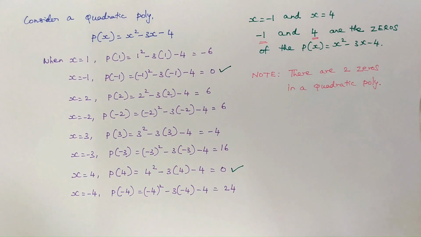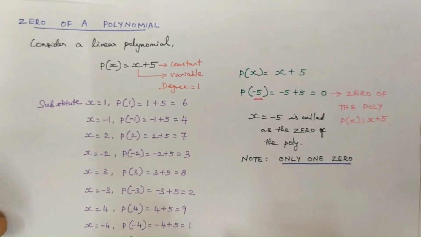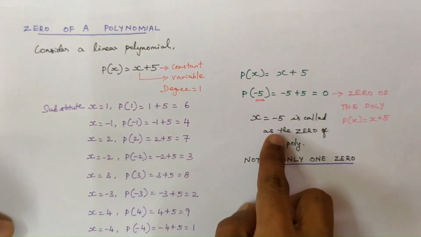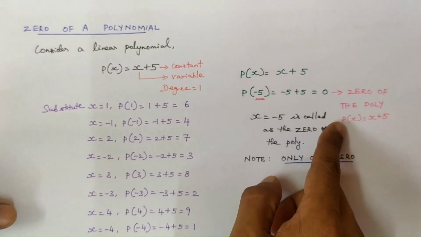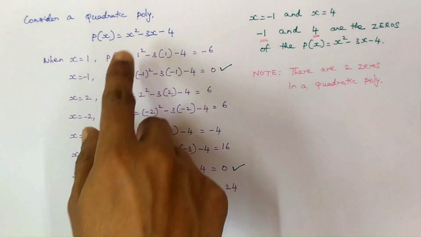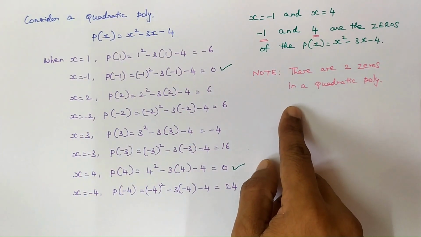In a quadratic polynomial there are 2 zeros, there are 2 solutions. Fine. So previously in the linear polynomial we had only 1 zero, whereas in the quadratic polynomial we had 2 zeros.